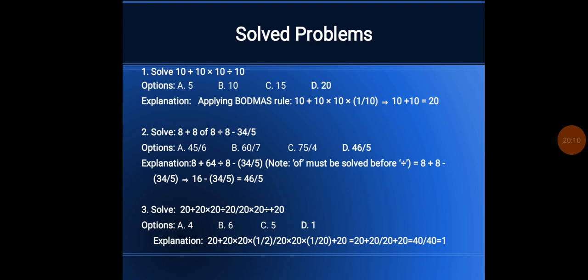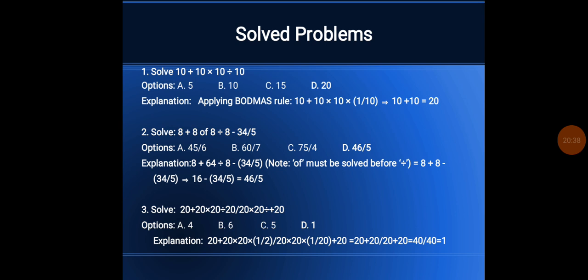By using the BODMAS rule, the first one is division, then multiplication and then addition. So first we find the division, 10 by 10, which is 1. 1 into 10 is 10. Next, 10 plus 10 is 20. So the answer for this question is 20.